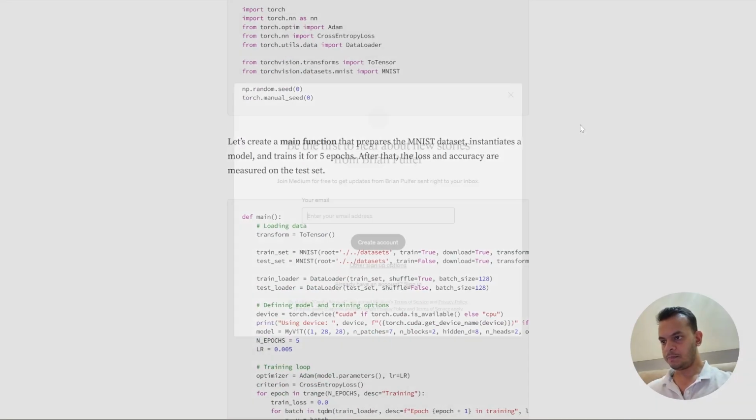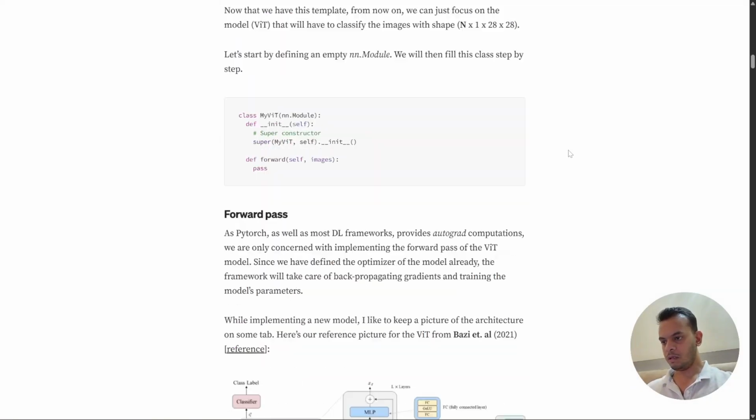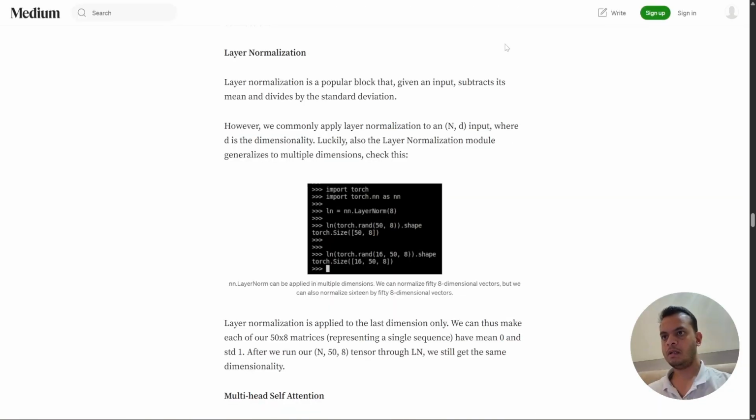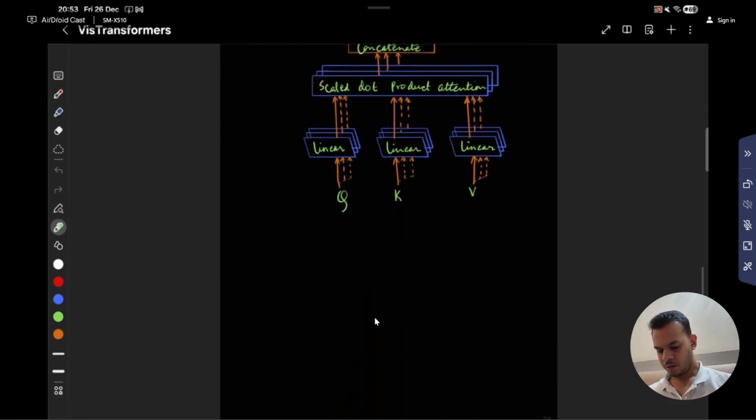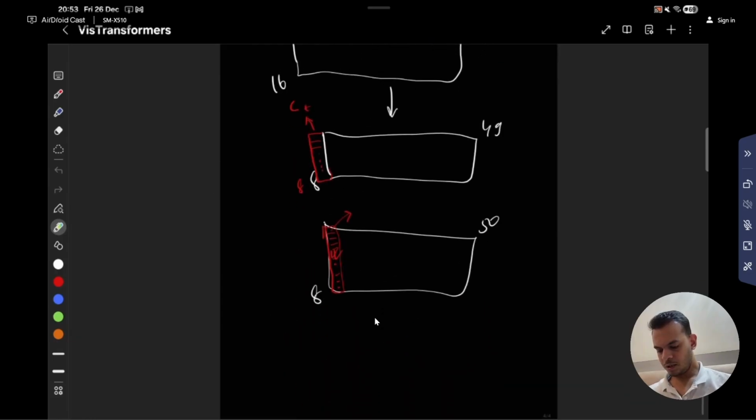Okay. Now we will be talking about the layer norm or the layer normalization part. What this does is it normalizes our input tensor. So if you remember, suppose this is our input tensor, and we have our values in all these places across this matrix.